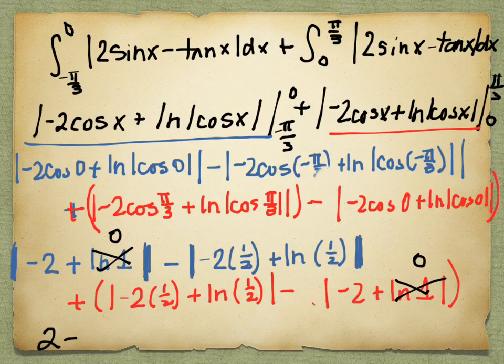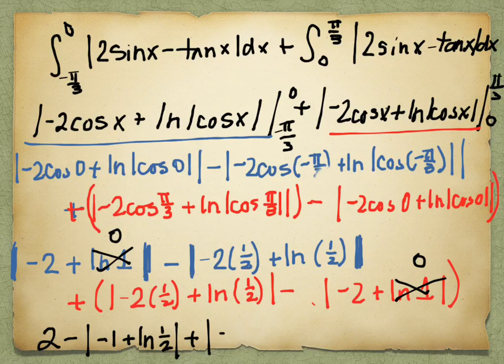So I've got the absolute value of negative 1 plus the natural log of 1/2. Plus. All right, what's next? Well, I've got the absolute value, well, that's negative 1 again, isn't it? Right here. Negative 1 plus another natural log of 1/2. So this looks just like the one I had before, yeah?